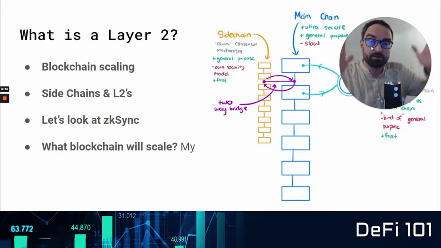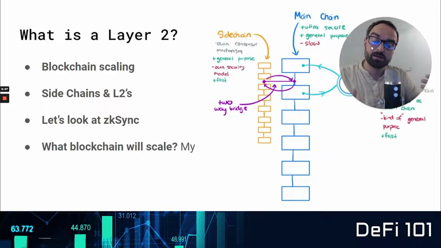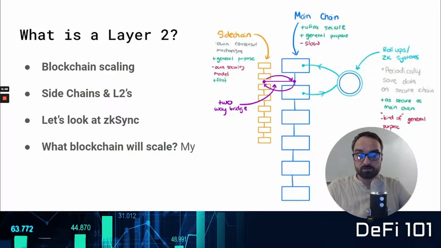So we have the Ethereum mainnet chain, which can be maybe a little bit expensive, but we also have side chains like Polygon or Solana, etc. And we also have rollups like ZK rollups or optimistic rollups. That's all what we're going to discuss in this lecture.